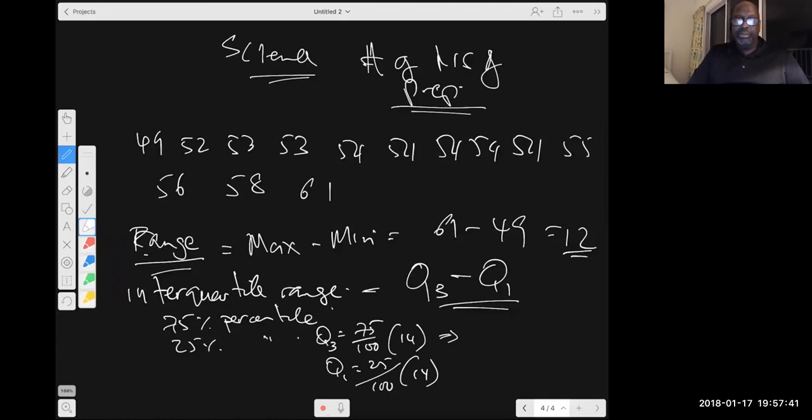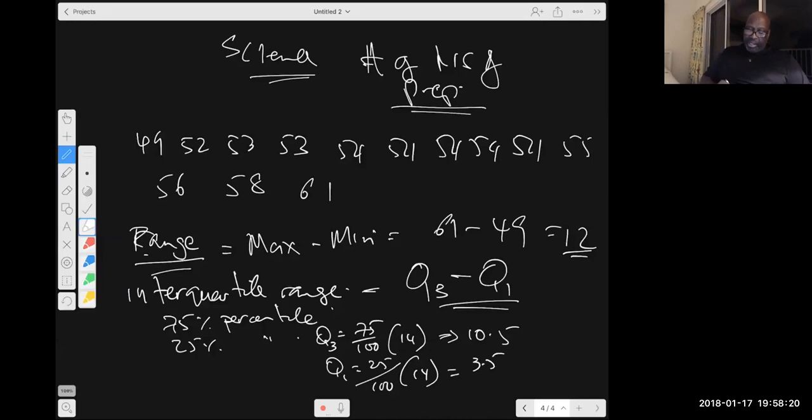So that is 14 times 0.75, which is 10.5. And the location for Q1 is 14 times 0.25, a quarter of 14, which is 3.5.